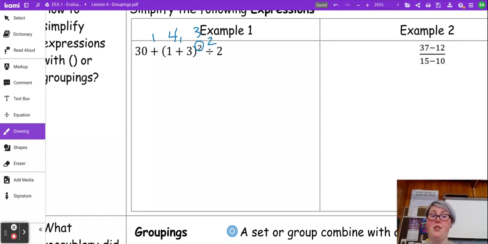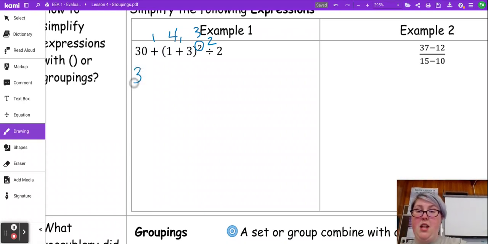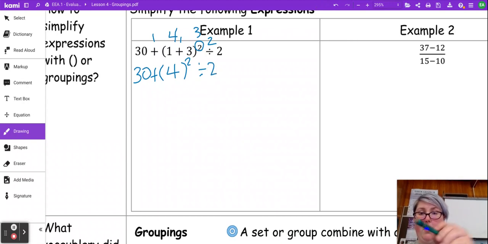So first, we need to figure out what's in our parentheses. I'm going to carry down my 30 plus, and then 1 plus 3 is 4, and we have our squared divided by 2. So we've taken care of our parentheses.